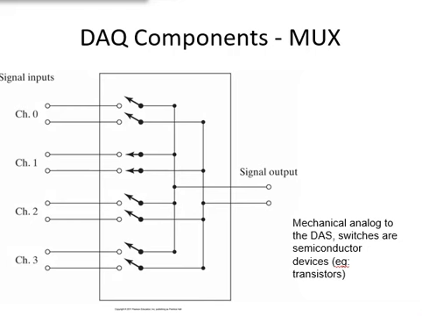A mechanical analog to the DAS multiplexer is shown in this slide. The switches in the multiplexer used in a data acquisition system are semiconductor devices. Although multiplexers are rather simple devices, they are subject to some error. One of these is crosstalk.